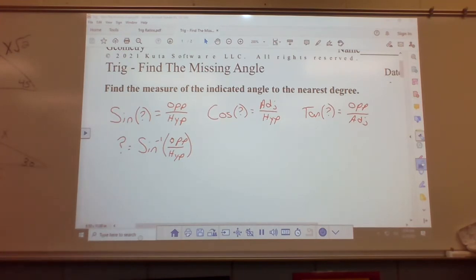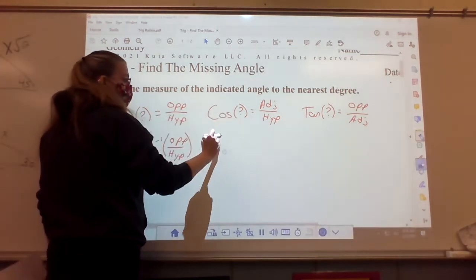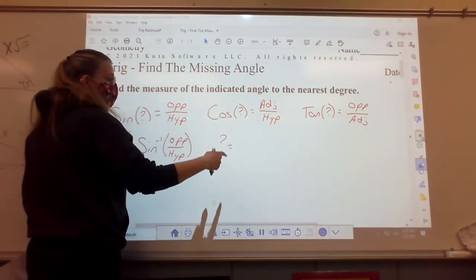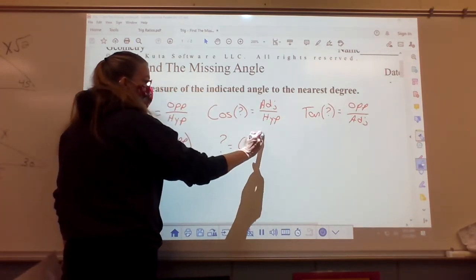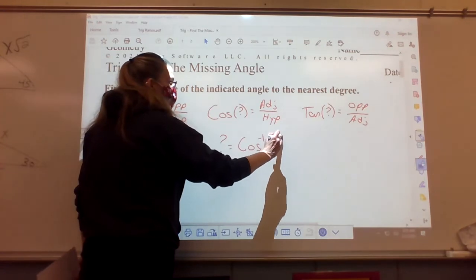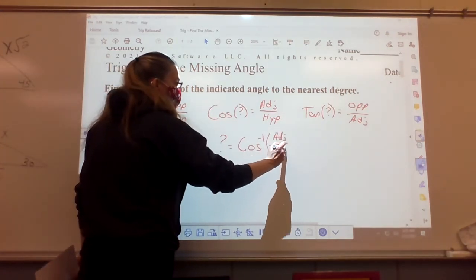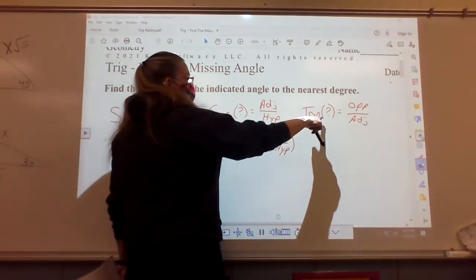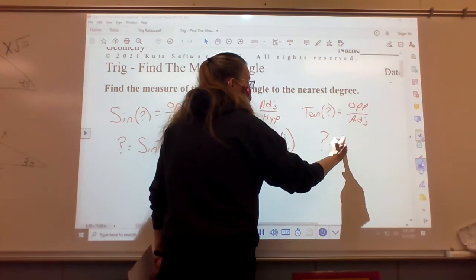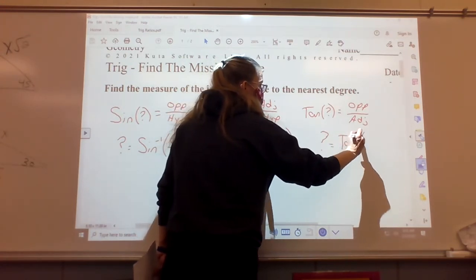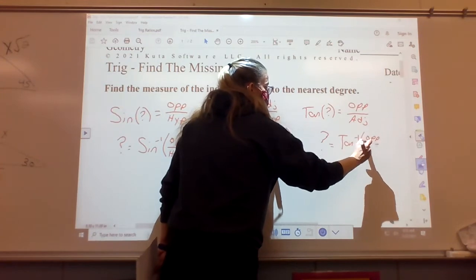The big thing is just knowing how to get it into the calculator when we actually get to the calculator steps. So to solve for the question mark, we're going to do the inverse of the sine. And same all along the board. In this case, we're going to have to do the inverse of the cosine. So cosine with a little -1, adjacent over hypotenuse. And then question mark, inverse tangent, opposite over adjacent.